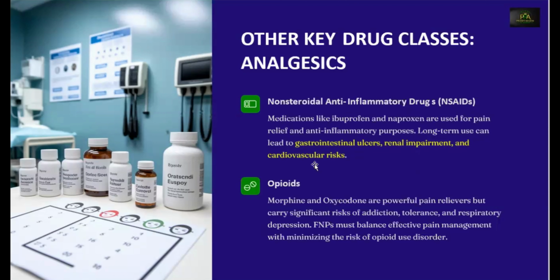Cardiovascular, it can worsen heart failure, it can worsen hypertension. Okay, so the only system that it doesn't affect is the musculoskeletal system. So know your NSAIDs, and the examples of your NSAIDs, and the risk of NSAIDs.